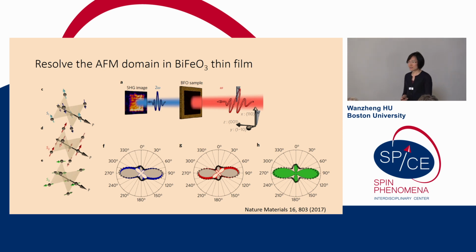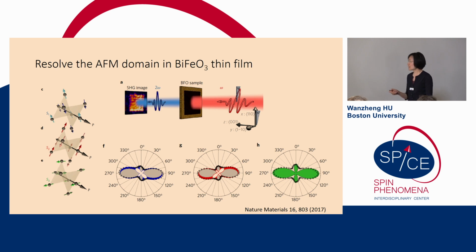Using second harmonic generation as a sensitive tool to detect antiferromagnetism has been done in bismuth ferrite. It's very nice work. They studied a bismuth ferrite thin film, and in the antiferromagnetic state they saw this second harmonic generation signal, and they break it down into two components. The gray component is from the ferroelectric contribution, and the white component is from the antiferromagnetic contribution.